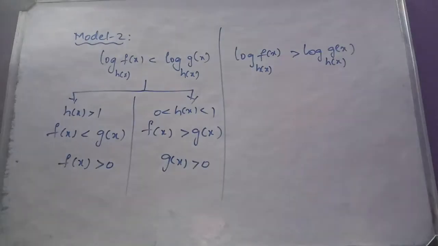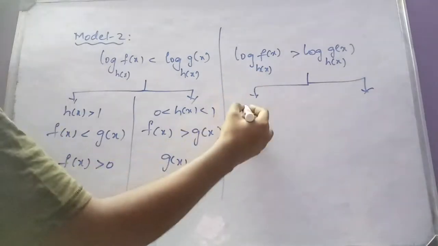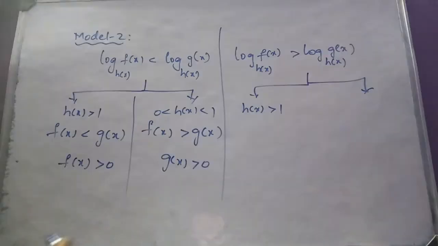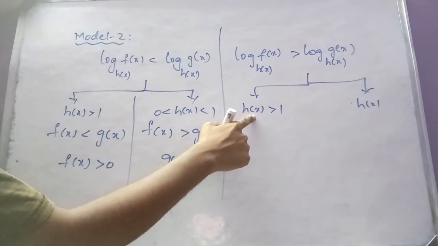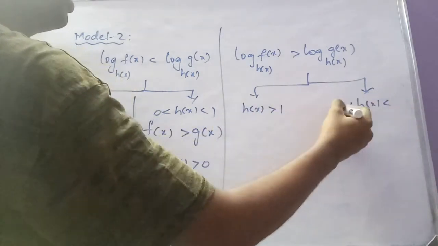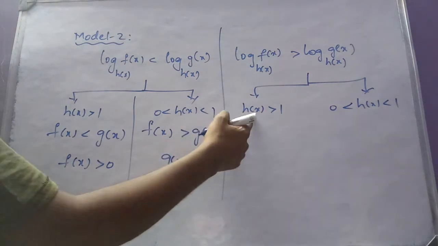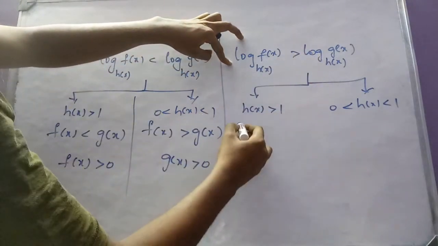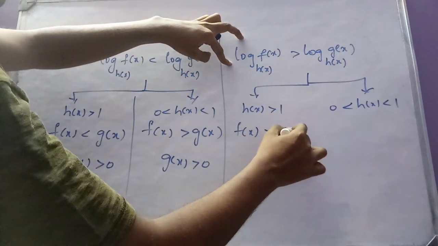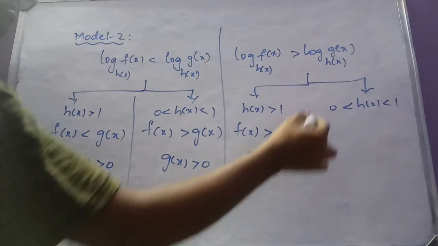Similarly here also we have two cases. In case 1, h of x is an improper fraction, and in case 2, h of x is a proper fraction between 0 and 1. So if h of x is improper, the inequality will not change if you ignore logarithms. You get f of x greater than g of x, and as g of x is smaller, take g of x greater than 0.